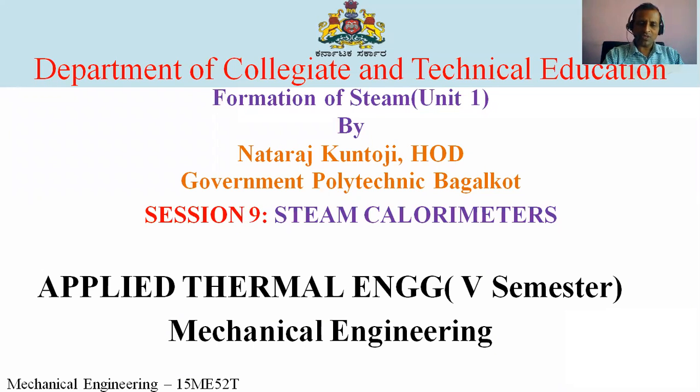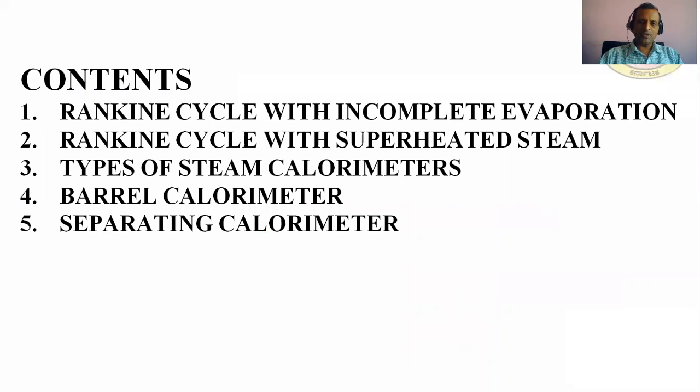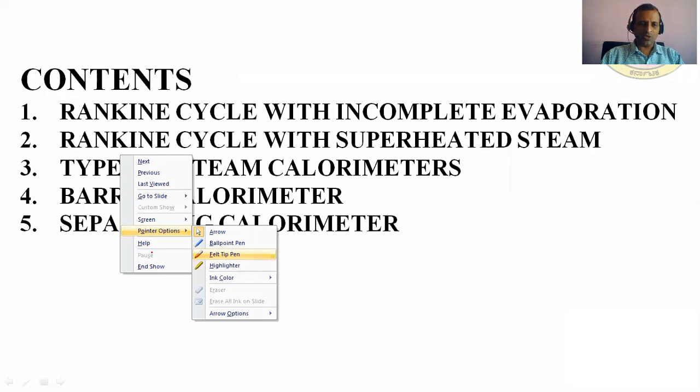Before going to study these calorimeters, in this session I am going to cover first the Rankine cycle with incomplete evaporation. Till now we have studied what the Rankine cycle is and how it works, which we studied in the previous session, and these two are special conditions that we will see in today's class.